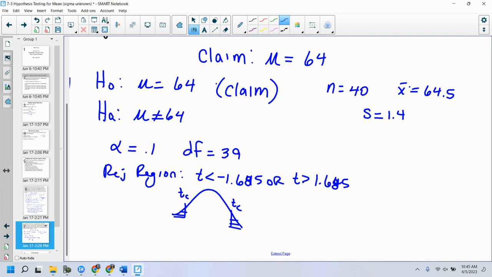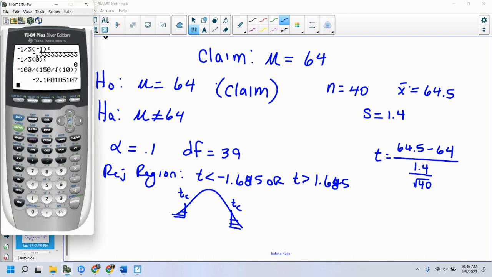All right, let's find our actual t-score. So our actual t-score is x bar, 64.5, minus mu, 64, over s, 1.4, divided by the square root of 40. So 64.5 minus 64 is 0.5.